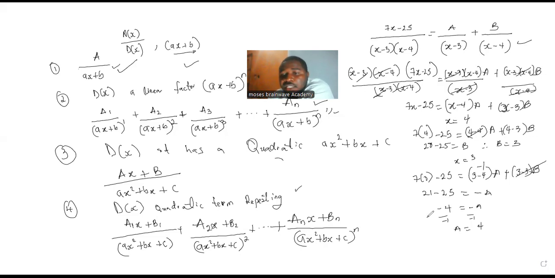So automatically, we have split this partial fraction into 4 over x minus 3, then plus b, which is 3, upon x minus 4.